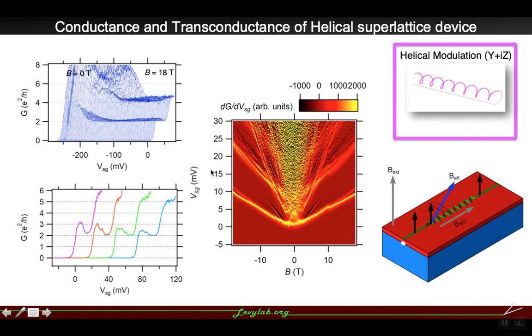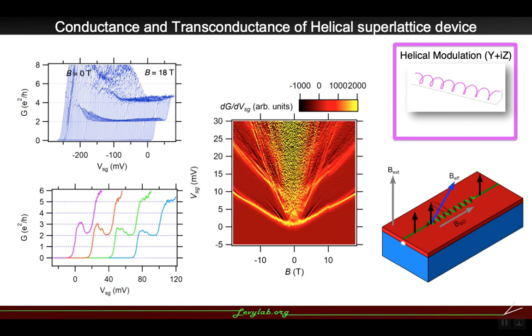Now for the helical, which was done by the previous senior students in our group, we can see some fluctuation at the plateau. When it is in the straight guide, the plateau is very flat, but now it has some fluctuation, and also there are very clear fractured patterns in the transconductance.